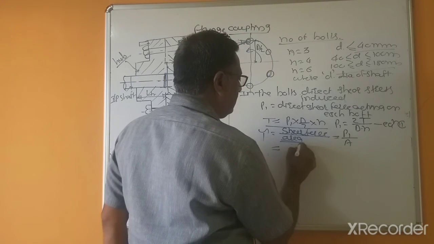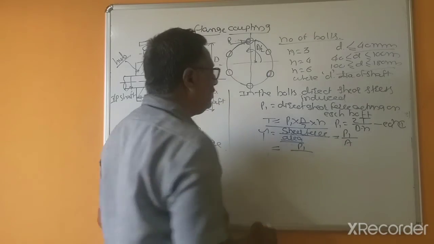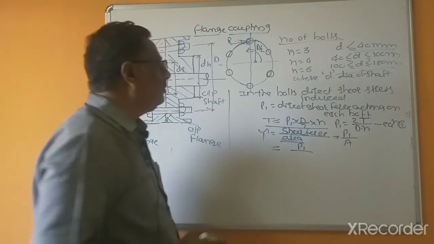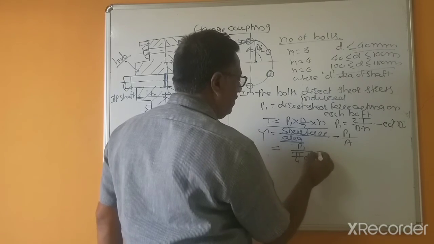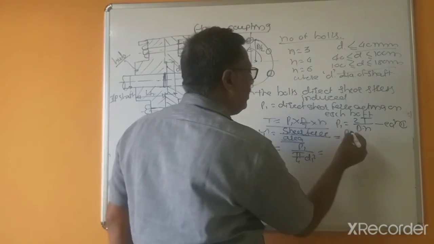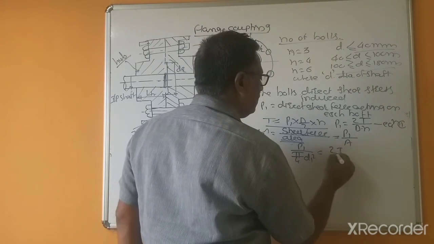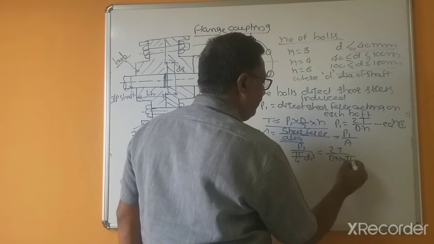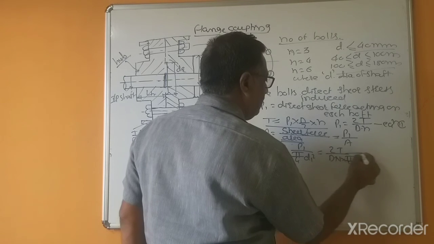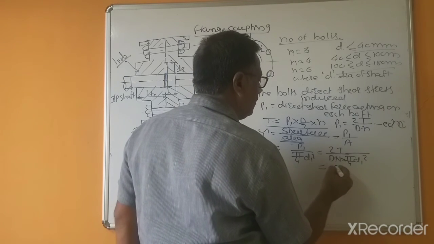First I will write this area equal to the area of cross section of the bolt, so pi by 4 into d1 squared.